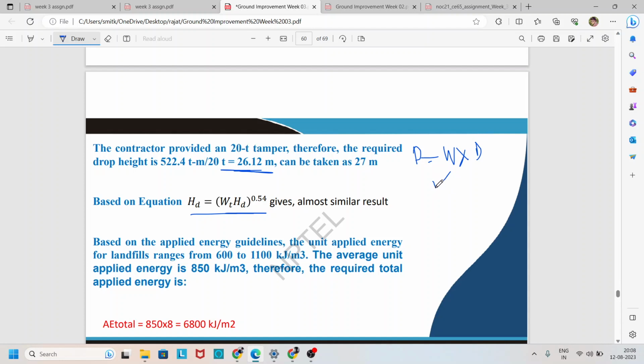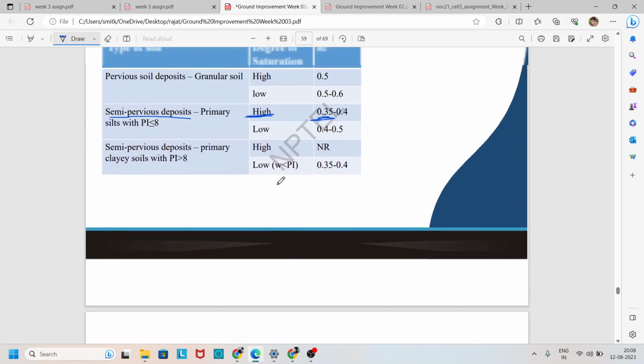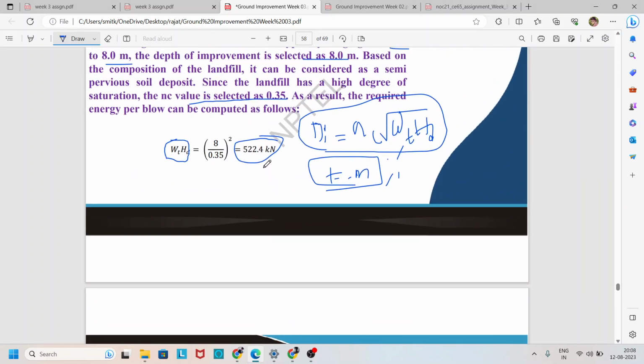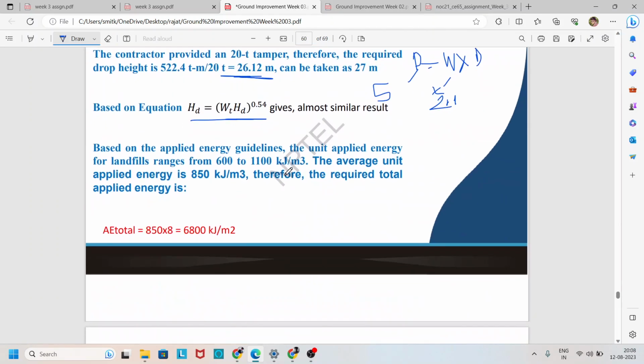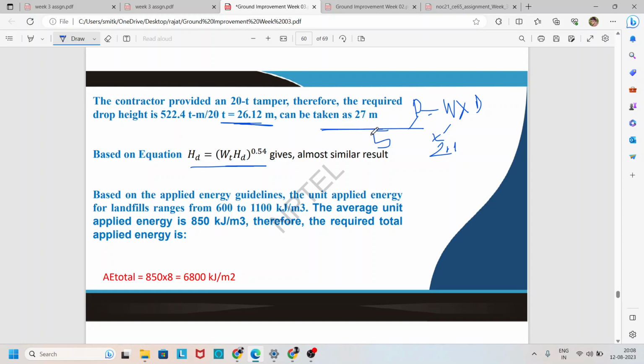The force here is the weight of the tamper, 20 tons, and the applied energy we find is 5,522. So we can easily find the height of drop of the hammer.